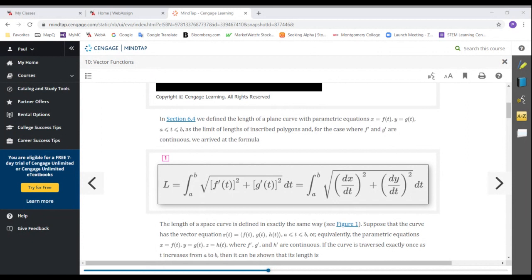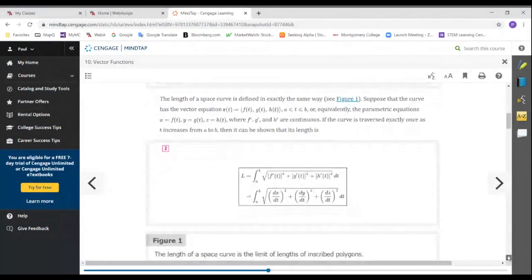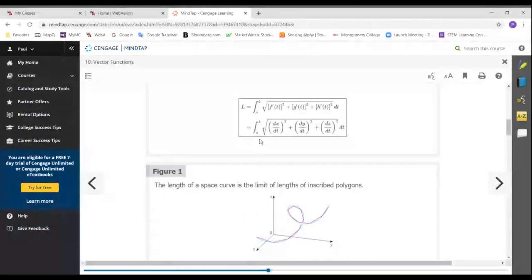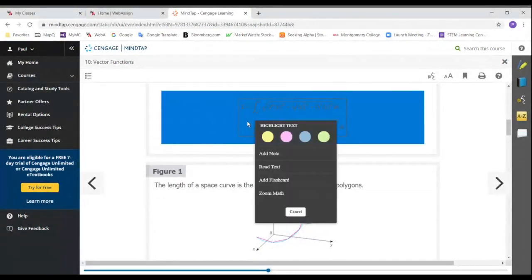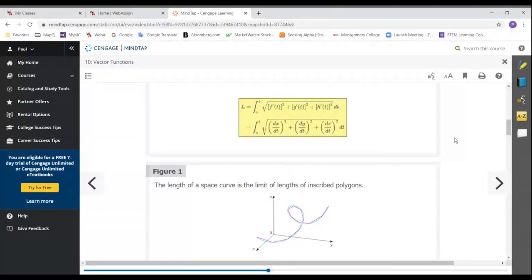That's the corresponding arc length formula when you have a space curve in three-dimensional space. So just like the distance formula can be extended for three-dimensional space, the arc length formula has a natural extension for three-dimensional space.